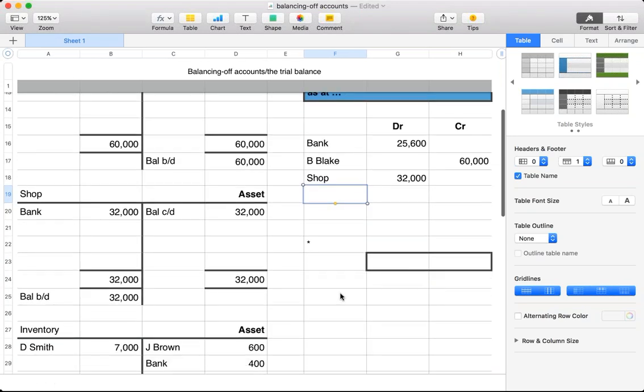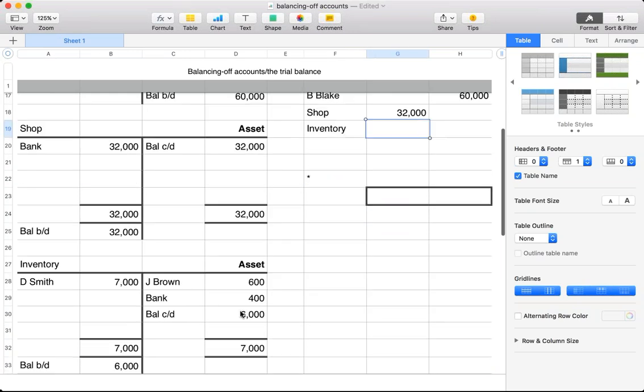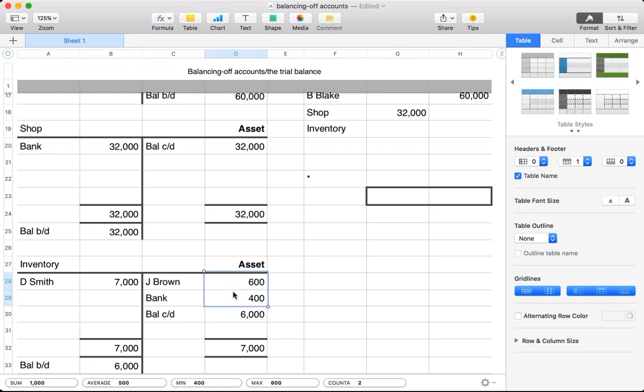So next we're going to have inventory, which is another word for stock, so it's another asset account. I'm going to type inventory in here, like so. Let's have a little look at our account here. It looks like we've purchased £7,000 worth of inventory, and we've sold effectively £1,000 worth. We can work that out in our heads: we've bought 7,000, we've sold 1,000, so we've got £6,000 left.